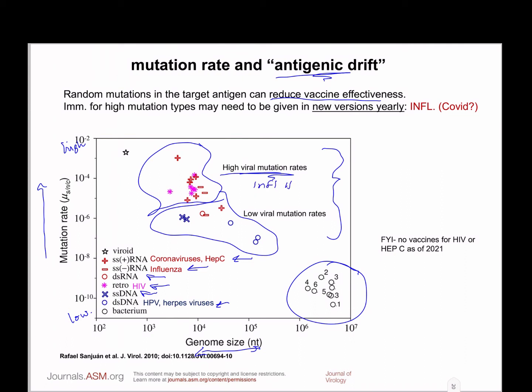We see HIV and Hep C, which despite all the work immunologists have been doing, we still don't have effective vaccines for. And we see coronaviruses up here. And it's the fact that the coronaviruses have this very high mutation rate that's similar to influenzas that leads us to believe that it's likely that there'll be new strains every year and that they'll need to have new vaccines every year, just like we need new vaccines for the influenzas.